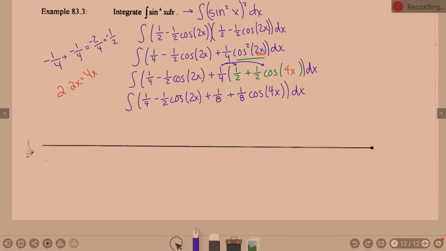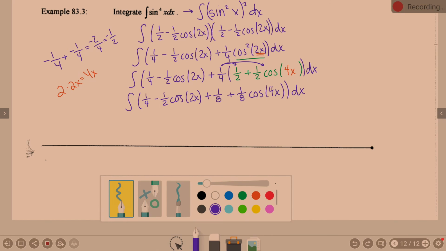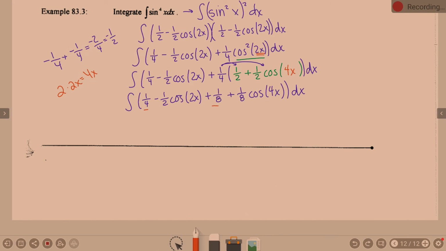If you want, there's a set of like terms there, right? Add them together later, add them together now. What is 1/4 plus 1/8? So 2/8 plus 1/8 is going to be 3/8.